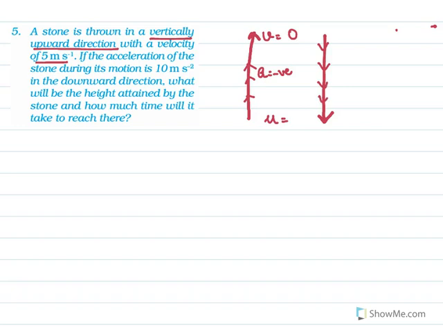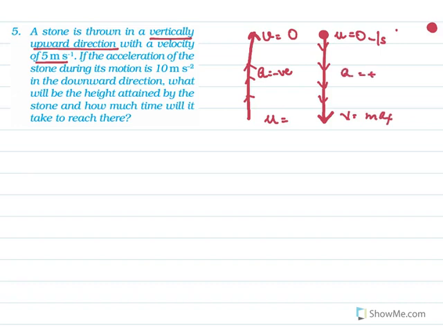But when the object is falling down, here this is the initial velocity because it is beginning at this point, and the initial velocity is 0.